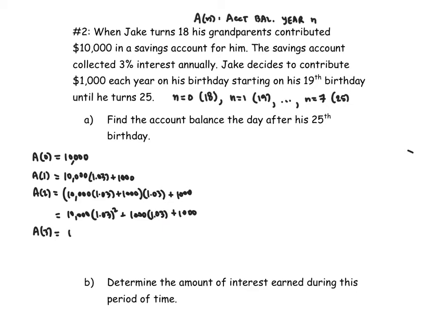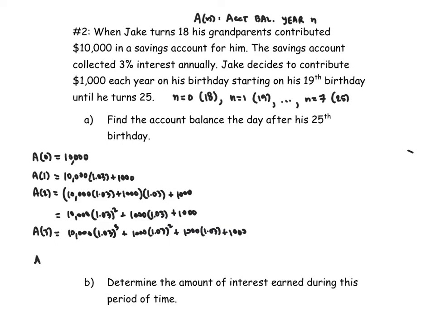It would be the 10 grand that his grandparents contributed, now compounded 3 times, plus the first 1,000 he put in when he turned 19, now compounded twice, plus the second 1,000 he contributed when he was 20, now compounded once, plus the 1,000 he contributed in his 21st year, correct?